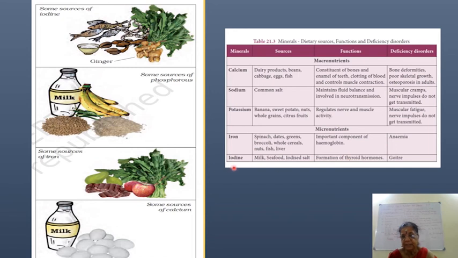Same way iodine is necessary for the formation of thyroid hormone. If iodine is not enough in our nutrition, people will be suffering from a condition called goiter. I hope you understand. So this is for macro and micro minerals.